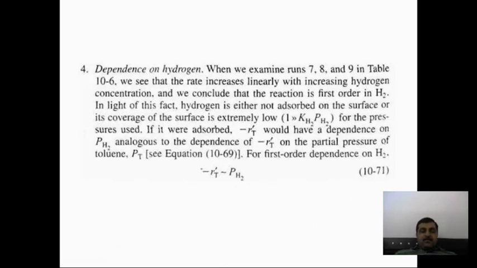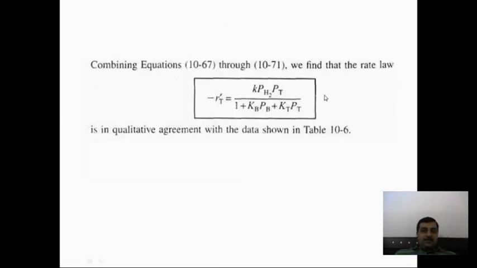Okay. So if you combine all those things together, this is the final form of expression which we should be able to derive from our experimental data. So we have k into first order with hydrogen, Pt upon 1 plus KT Pt for toluene, and this is the dependence for benzene. This is what we have as qualitative agreement with the data which is available there.